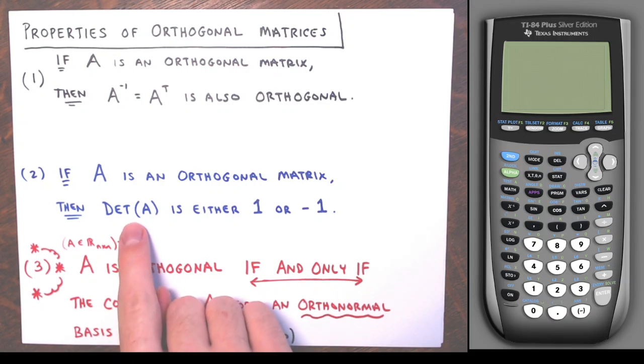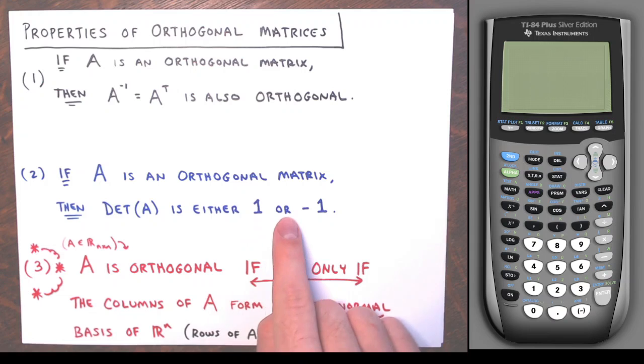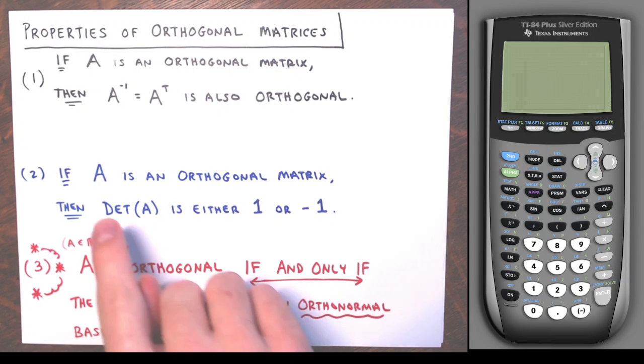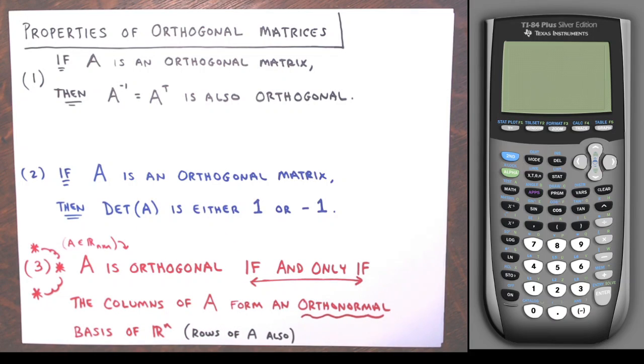If the determinant is neither 1 nor -1, like if the determinant of a matrix is 10 or 7, or we saw earlier some matrices with determinants like -25, like the last example, then you know for a fact that A is not orthogonal.